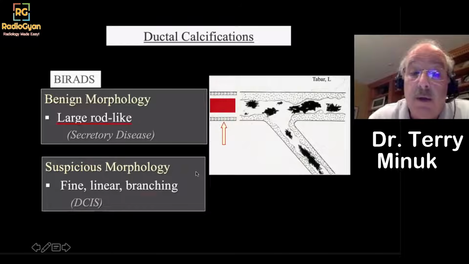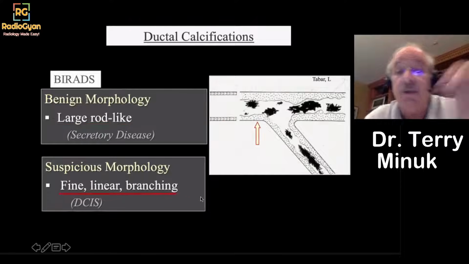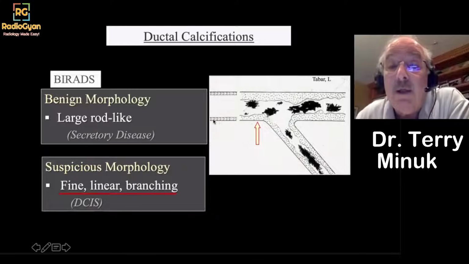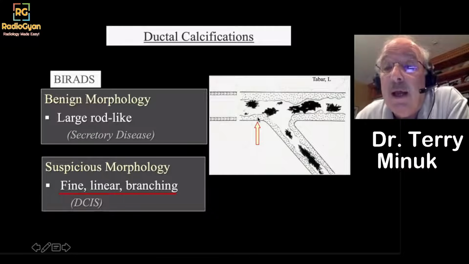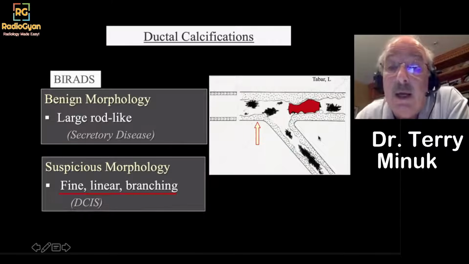On the other hand, these suspicious calcifications occur in a duct that's not lined by a single layer of cells. It's got heaped up tumor cells lining the wall of the duct. And those tumor cells will die and slough into the lumen of the duct. And then you'll get calcified debris within a duct. And that calcification will form a mold of the duct.